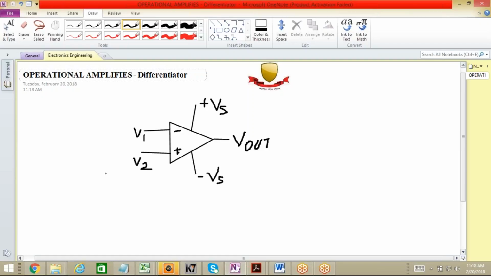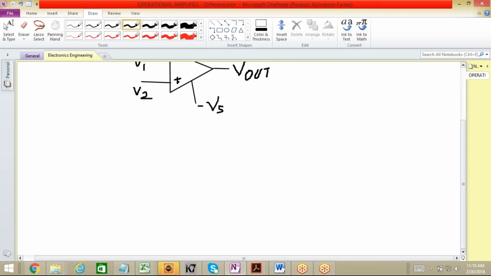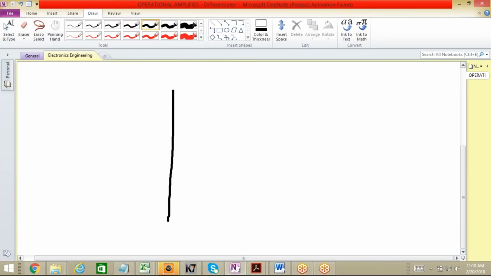So this is a basic layout of an op-amp. Now let me show you the detailed description of this and how it is actually present within the IC chip. Let me make it a little bit bigger diagram this way.